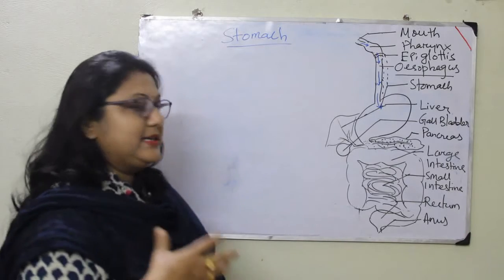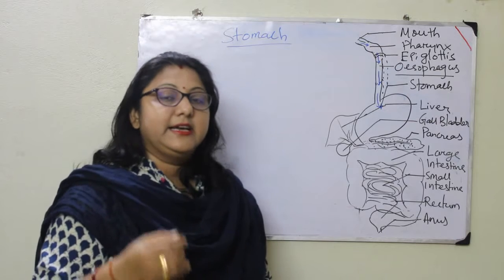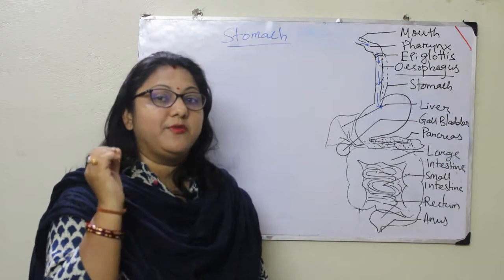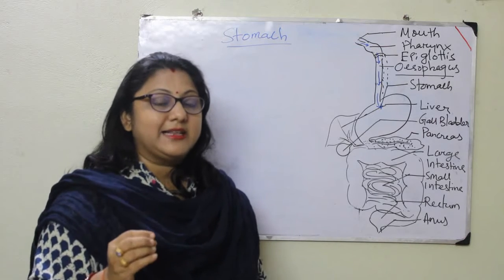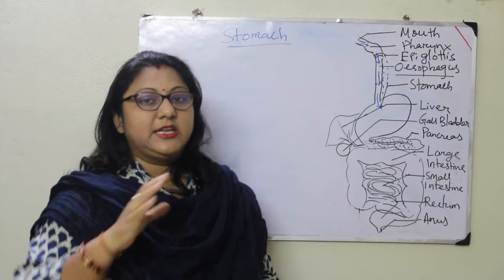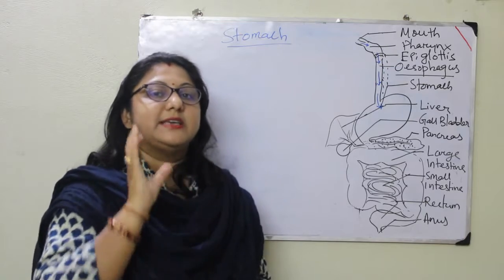So let us understand what are the different events which take place in the stomach. So the stomach is muscular, as I told already, and it also contains many special types of glands, right? And the collection of these glands is called the gastric glands. The lining of the stomach is filled with these gastric glands.